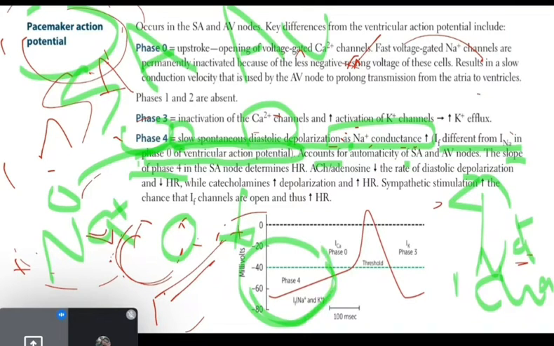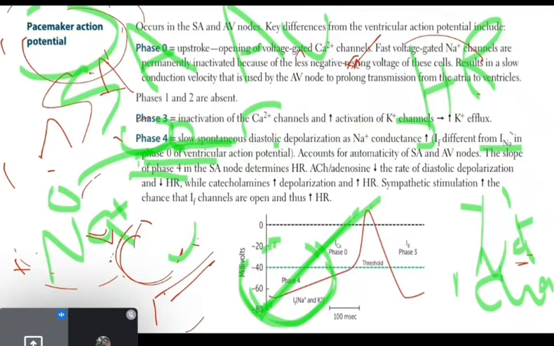The phase 4 is the same as the beginning of the ventricular contraction. فإذا صارت أسرع، okay، صار الأكشن potential أقوى. So we have more heart rate. القلب بنبض بشكل أقوى.